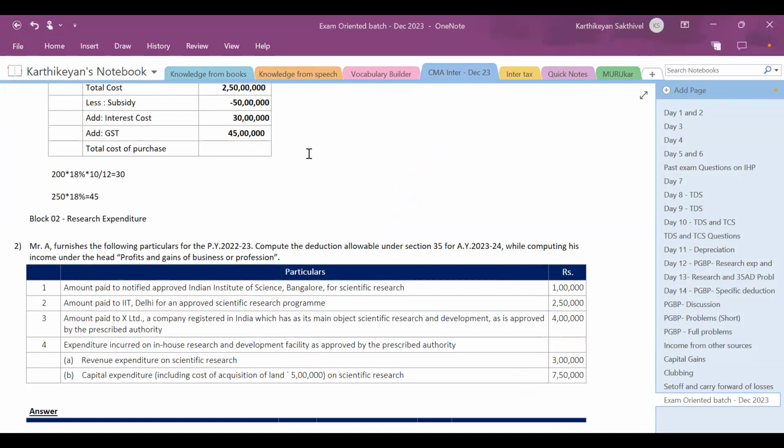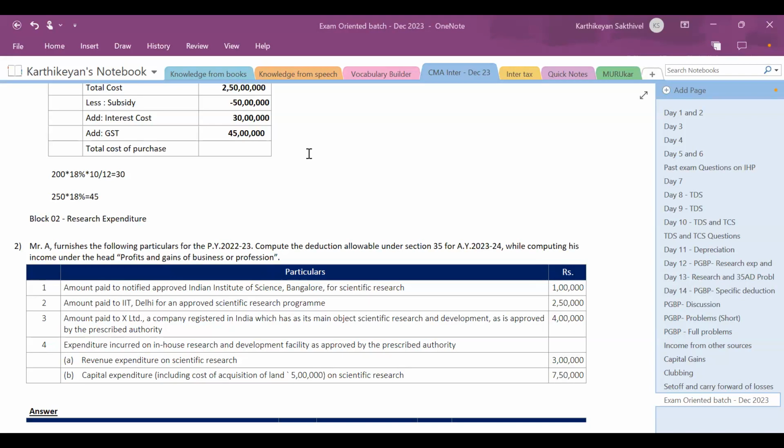Mr. A furnishes the following particulars for the previous year 2022-23. Compute the deduction allowable under Section 35 for assessment year 2023-24 while computing his income under the head PGBP. Particulars: amount paid to notified approved Indian Institute of Science, Bangalore for scientific research, 1 lakh. Amount paid to IIT Delhi for an approved scientific research program, 2,50,000.